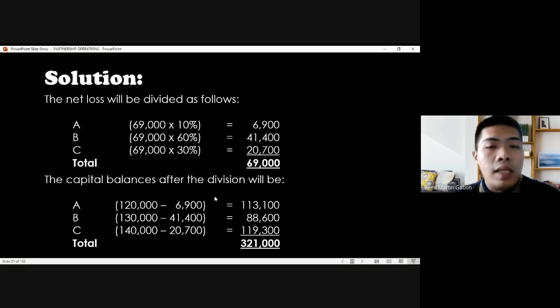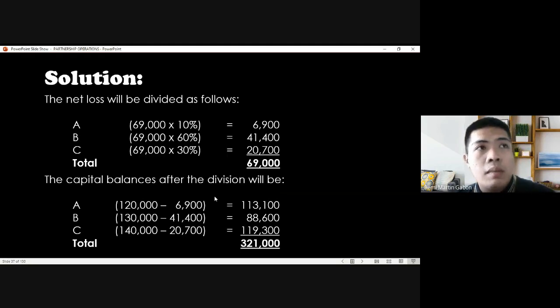Then the capital balances, of course, are expected to decrease with the distribution of the loss. So 113,100 for A, then 88,600 for B. Okay, it decreases significantly because B has a greater percentage or ratio when it comes to the distribution of the profit or loss.